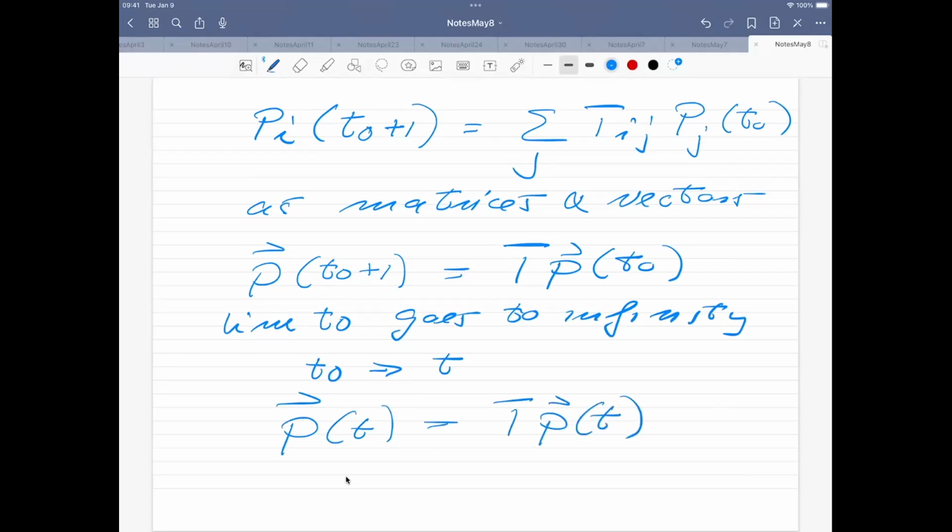Since it becomes time independent, we would simply write it as a stationary problem, which defines the most likely state after a given number of transitions. So this is normally called either the stationary state, the most likely state, or the equilibrium state.